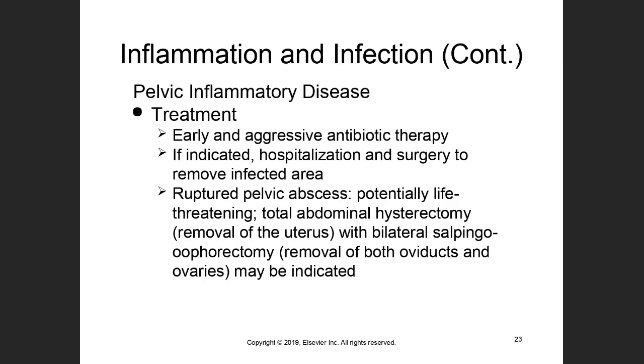Treatment in pelvic inflammatory disease: early and aggressive antibiotic therapy. That's the main treatment. Okay, right here we have rupture of pelvic abscess. If the patient develops an abscess, you have to be very careful. When you put the patient on aggressive antibiotic treatment, the patient has to improve 3 days after.